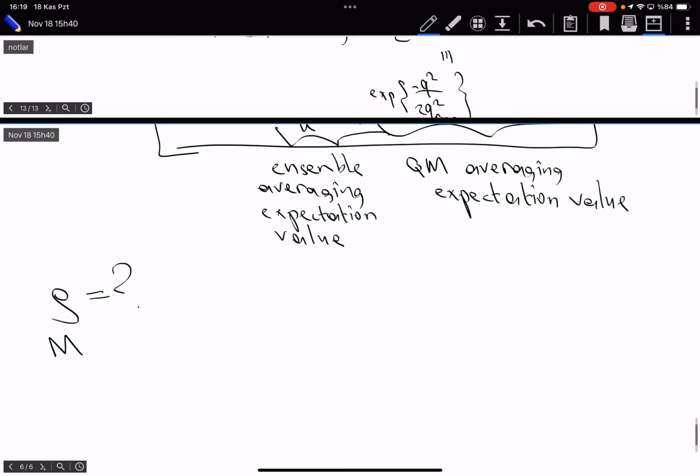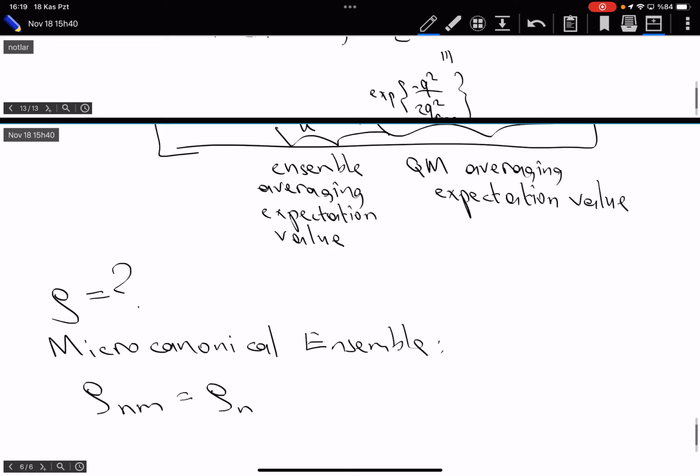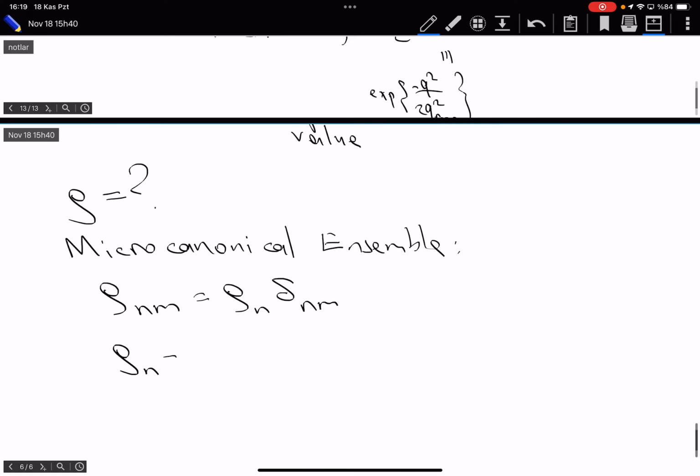There is a microcanonical ensemble, which says that rho_nm is equal to rho_n Kronecker delta nm, and rho_n is equal to 1 over gamma if n is an accessible state, and 0 otherwise.